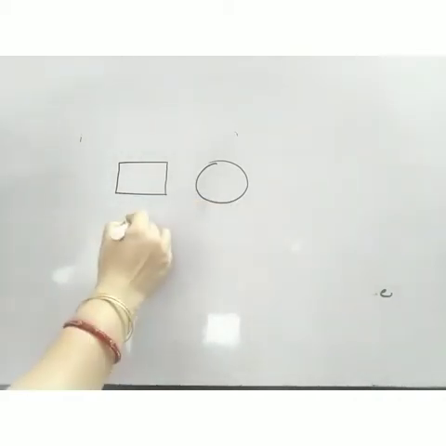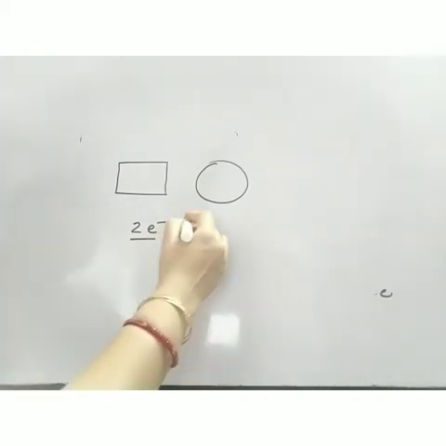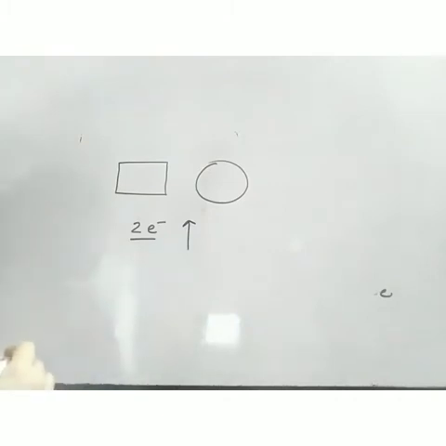One orbital can accommodate only 2 electrons. So in a single orbital 2 electrons can be located. Now if 2 electrons are together in an orbital, their orientation should be in opposite directions. That is, if one electron is moving in clockwise direction, the other electron is moving in anti-clockwise direction.